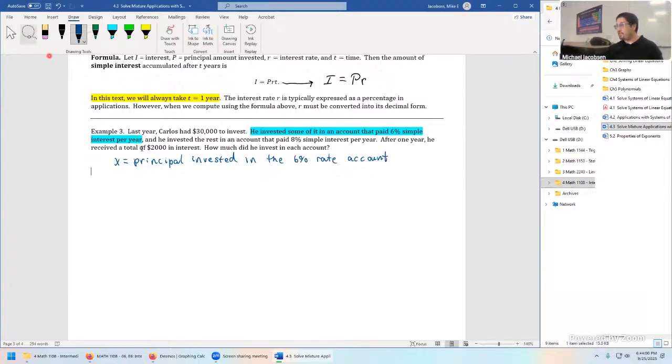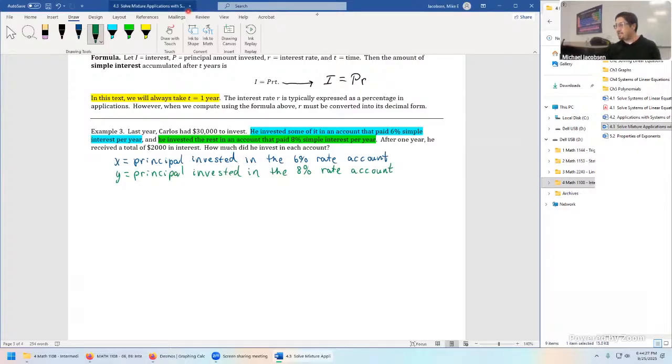So that's one variable down. We're told he invested the rest in an 8% account, both earning simple interest. So let's call this one Y. Y is equal to the principal invested in the 8% rate account.